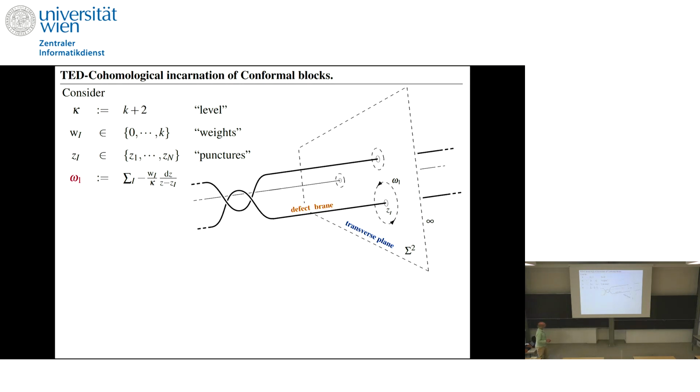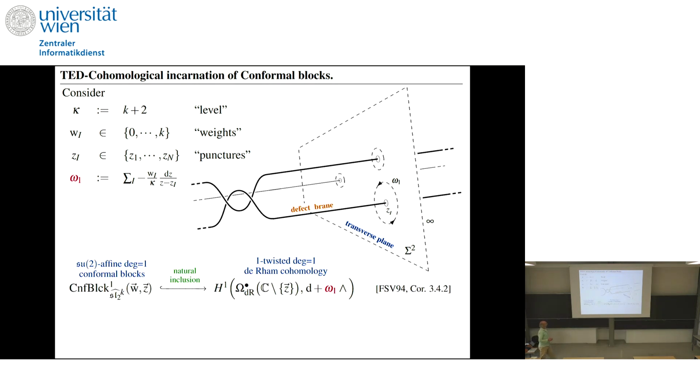If we identify this with a complex plane, we use the canonical complex coordinate, and we can encode these monodromies by these prefactors here. The general form will be a sum over the punctures of d log(z minus that puncture) times some prefactor. The exponential of that prefactor is the monodromy around that puncture.